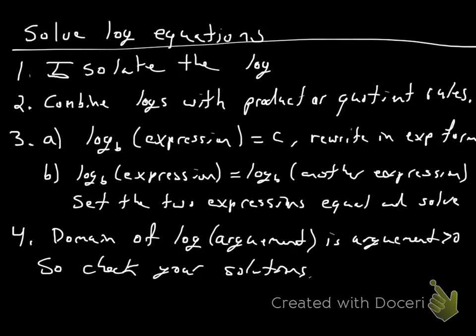So to find your restrictions, set your argument greater than 0, and then you'll need to check your solutions against that. Let's say your restriction is x has to be greater than 7, and you get an answer of 2. That's not a valid answer because it doesn't meet our restriction.